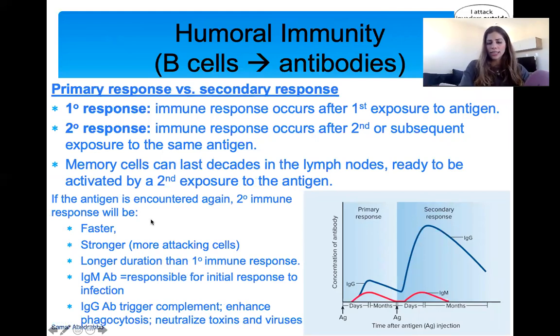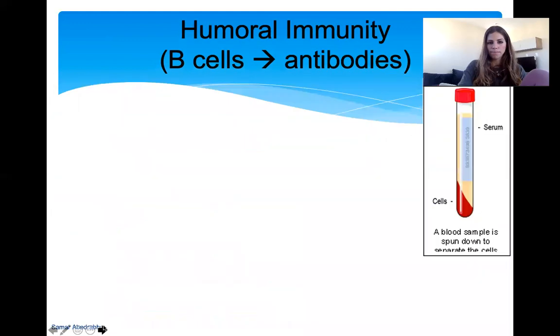So if the antigen is encountered again, this secondary immune response is faster, stronger, you see more attacking of cells, longer duration than the primary immune response, meaning your immune system is just there fast and trying to target that pathogen. It's already been prepared. IgM we see in the initial response to an infection in the beginning, and then IgG we see a lot in the secondary response. Your body's making a big amount of it because it's already been prepared.